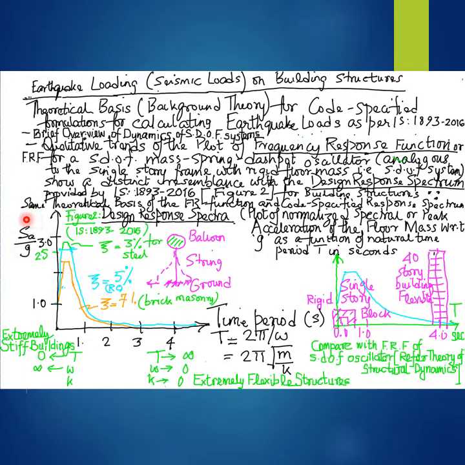the spectral acceleration or the peak acceleration normalized with respect to the acceleration due to gravity, that is SA by G, is extremely small.